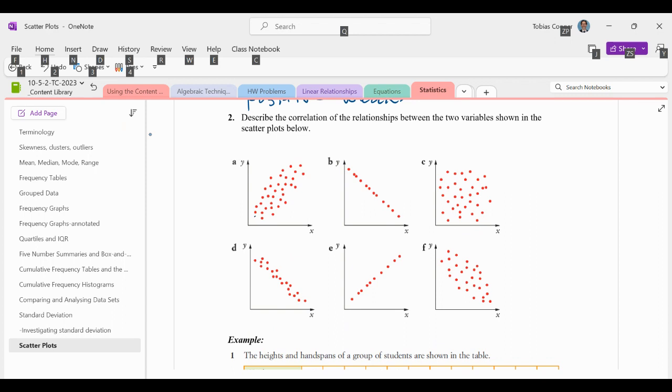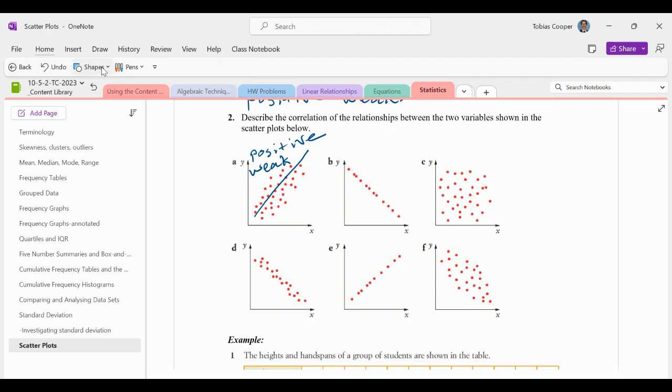Now, what about this one here? Think of your straight line. If I draw a straight line with half the points above and below, that's positive and weak. This one here, all the points are very close to lying on a straight line.